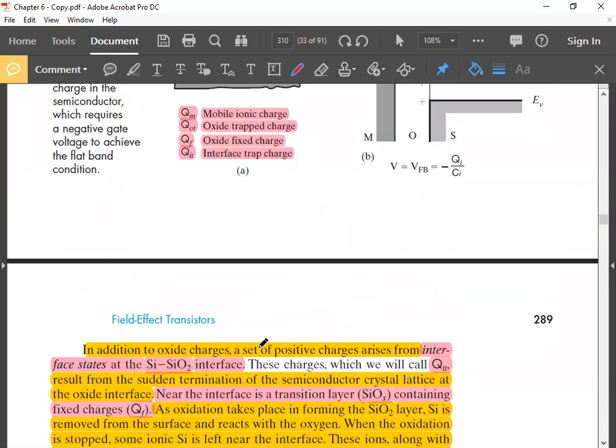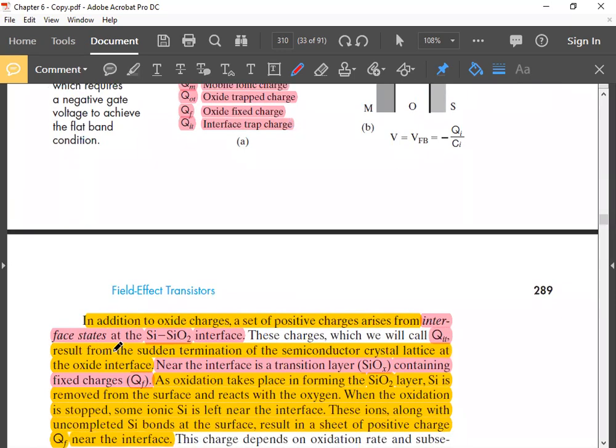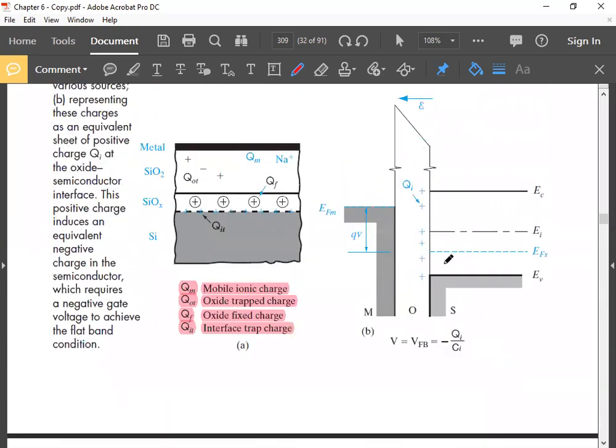In addition to oxide charges, a set of positive charges arise from interface states at the silicon dioxide interface. That is Q IT, interface trapped charges. This results from the sudden termination of the semiconductor crystal lattice at the oxide interface. Any surface of a crystal can be viewed as a crystal defect, because at the surface the periodicity of the crystal is violated.